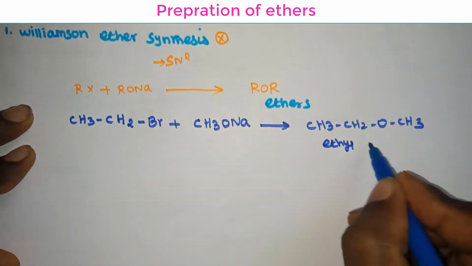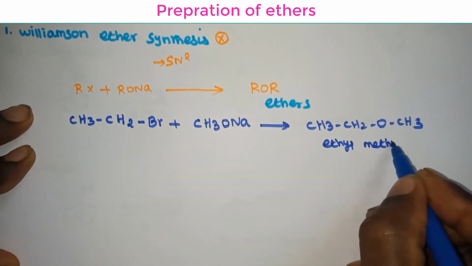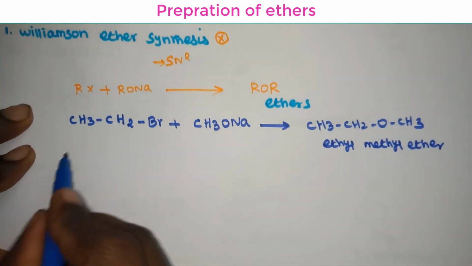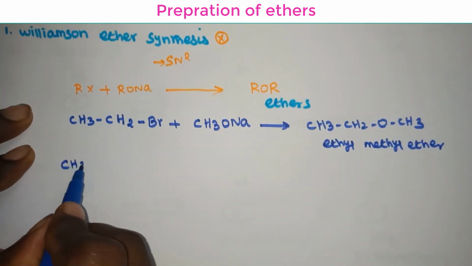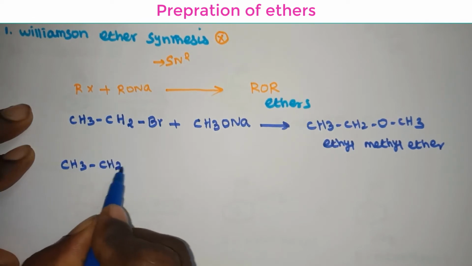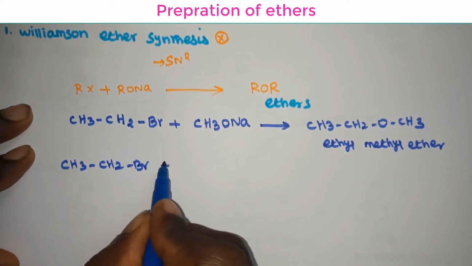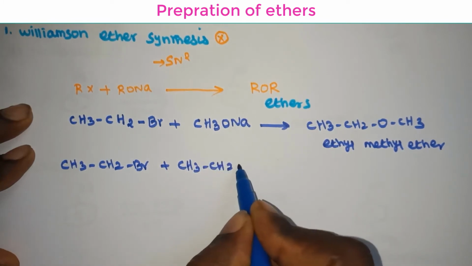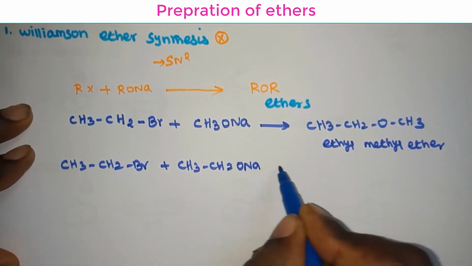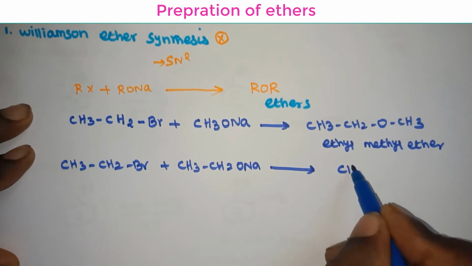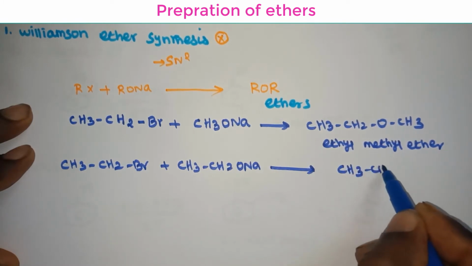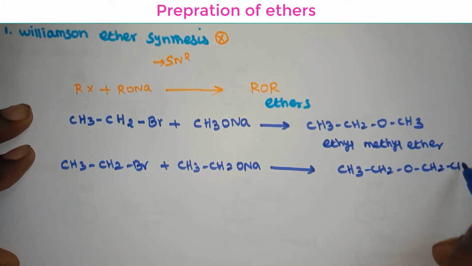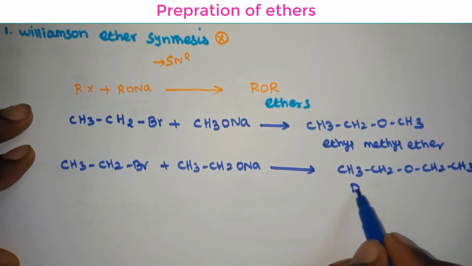Next example, CH3CH2Br, this is ethyl bromide, reacts with sodium ethoxide to form diethyl ether, CH3CH2OCH2CH3. Name of this compound is diethyl ether.